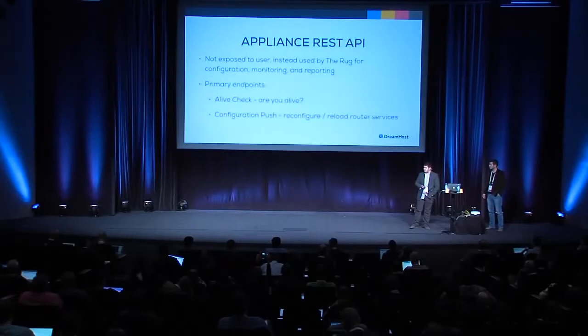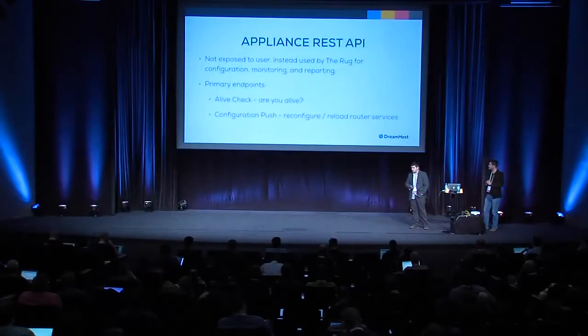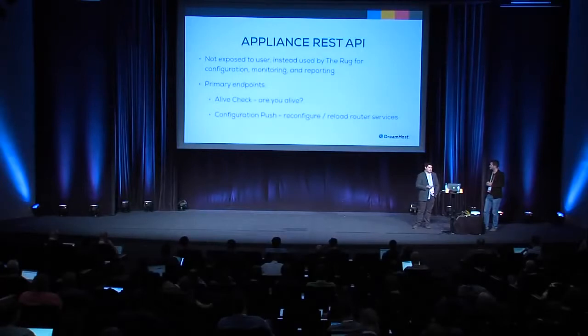So that it can determine if it needs to be rebooted, if it's unresponsive, those sorts of things. And then also there's the configuration push, so that as users create networks, subnets, ports, plug things in, create VMs, in reaction to that, we are pushing across configuration updates that change settings on the router and reload services.